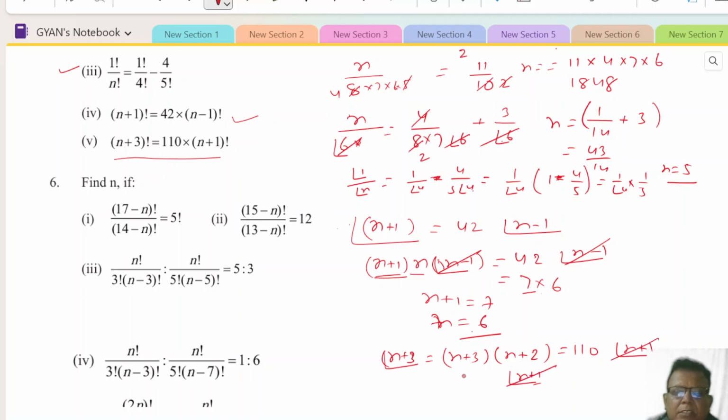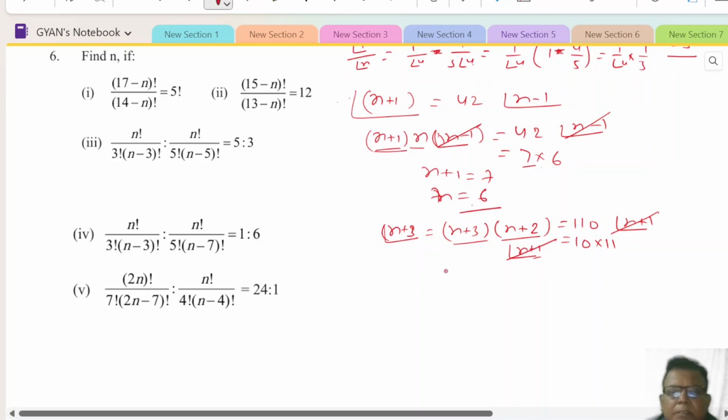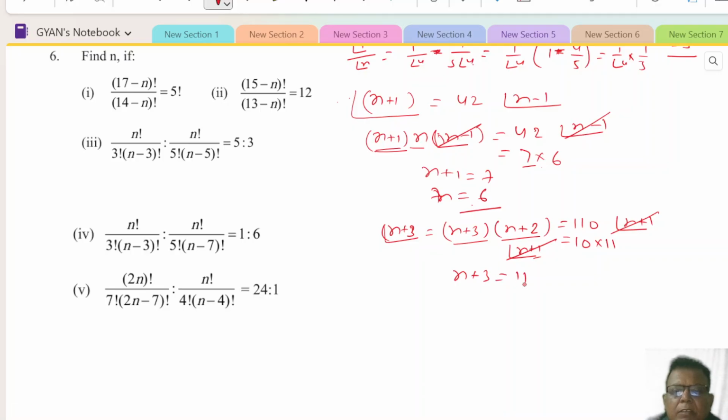This will get cancelled. This is also consecutive numbers. So n plus 3 is 11. So n is equal to 11 minus 3, which is 8. So here 8 is the answer.